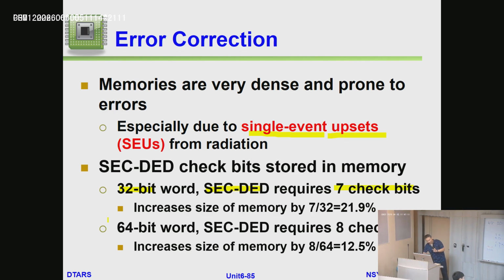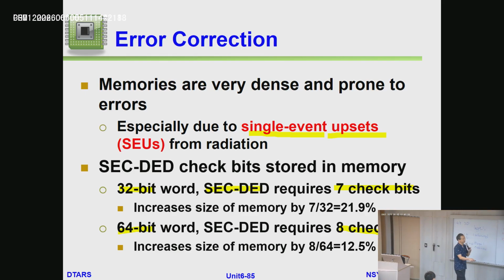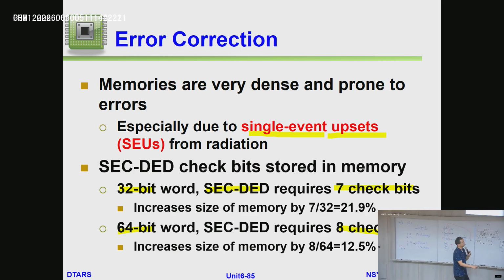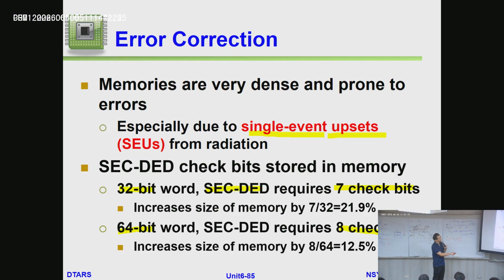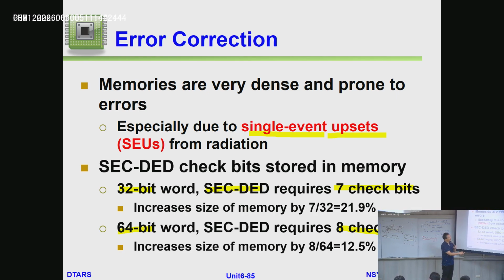If you have a memory with 64 bits, then you will need 8 check bits. The importance of this information is that it will increase the size of your memory. Originally, you just need to store 32-bit words. However, in order to correct single-bit errors and detect double errors, for every 32-bit word you will need an additional 7 check bits. So it will increase the memory size.